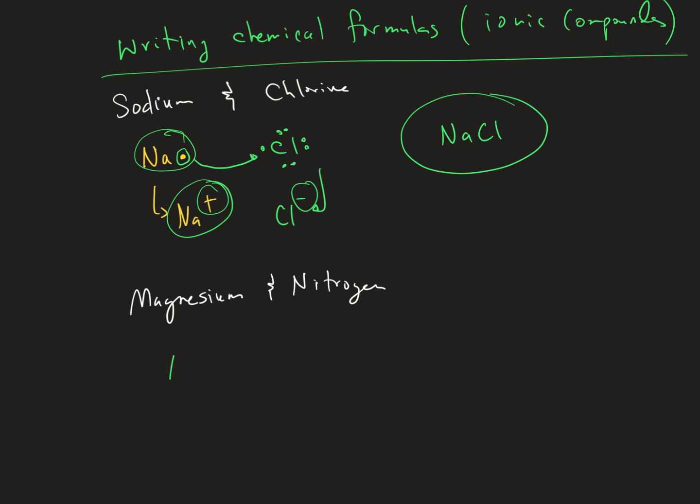So can anybody tell me what the charge of the magnesium ion would be? 2 plus. We just did this one, right? Any questions on how we got 2 plus? Had 2 valence electrons, so we get rid of 2 electrons and it becomes 2 plus, or positive 2. You with me? Okay. And nitrogen, what type of ion would nitrogen become, by the way?